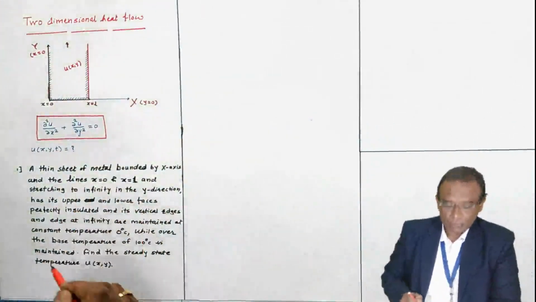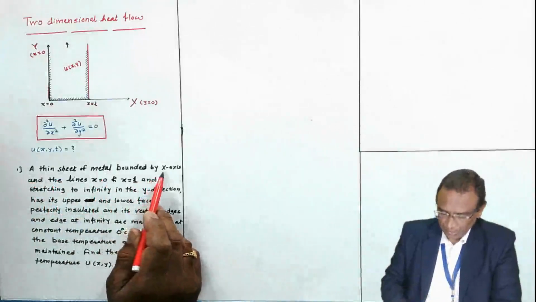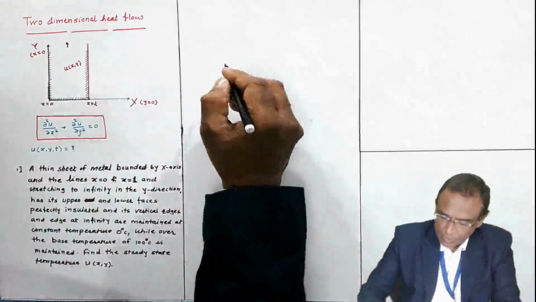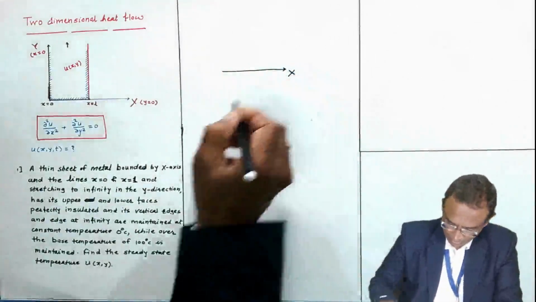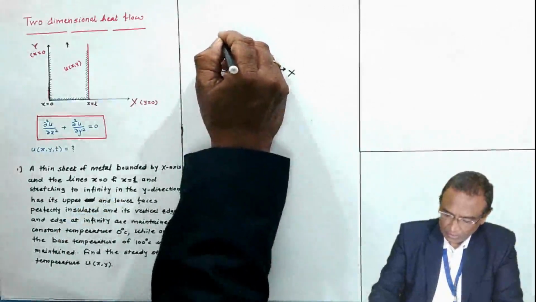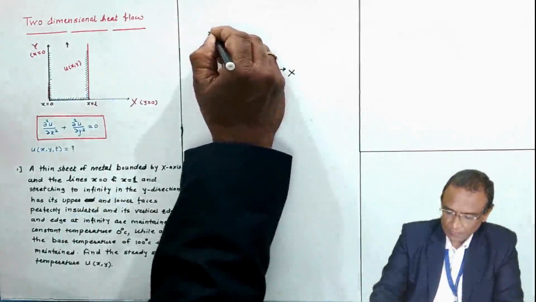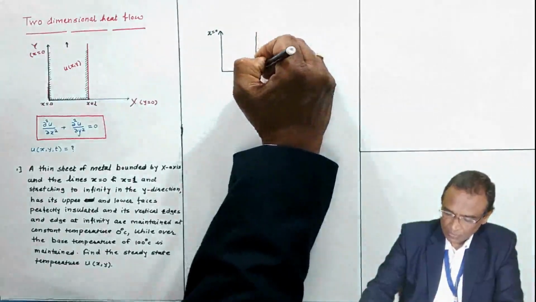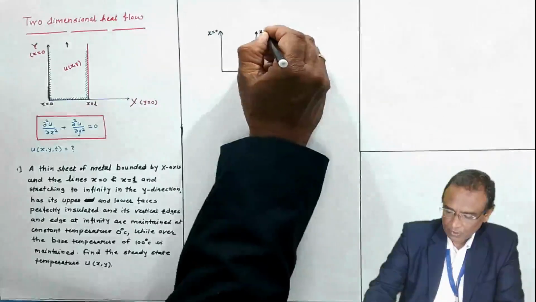The question I am going to read first. A thin sheet of metal is bounded by the x-axis and the lines x equal to 0 and x equal to 1. The line x equals 0 means the y-axis, and x equals 1 is at this distance 1.